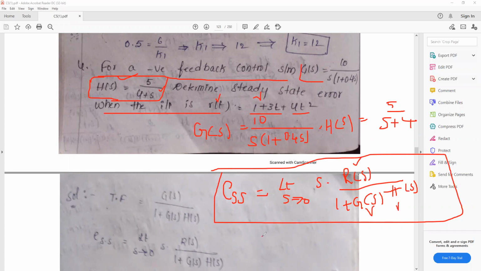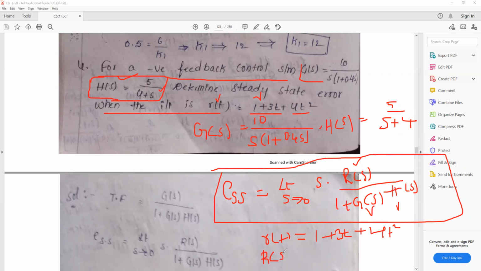So first, r(t) is converted to the s domain by applying the Laplace transform. r(t) is equal to 1 plus 3 into t plus 4 into t squared. Apply the Laplace transform.